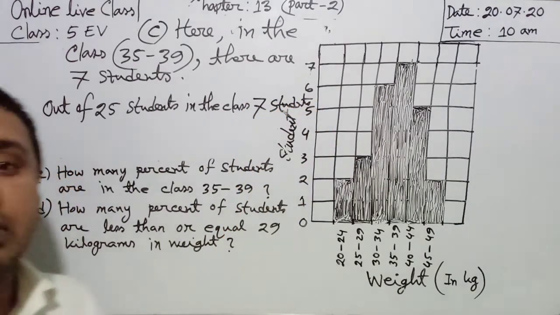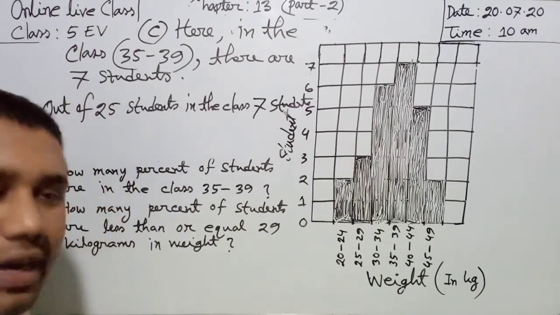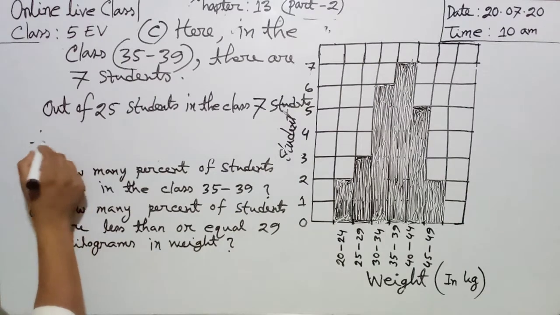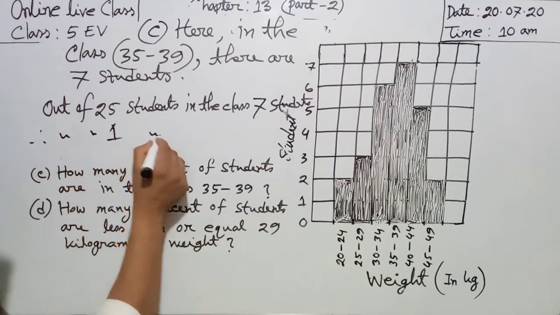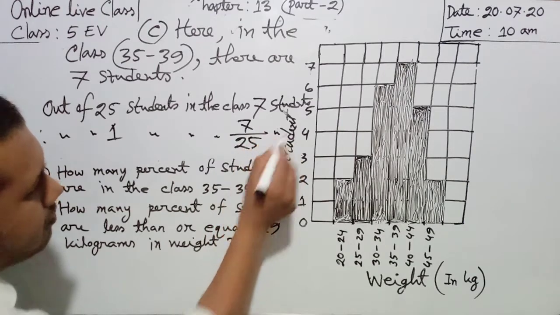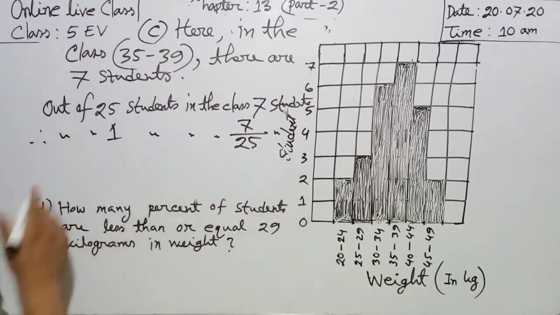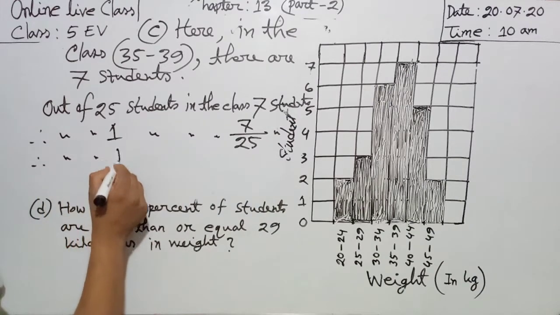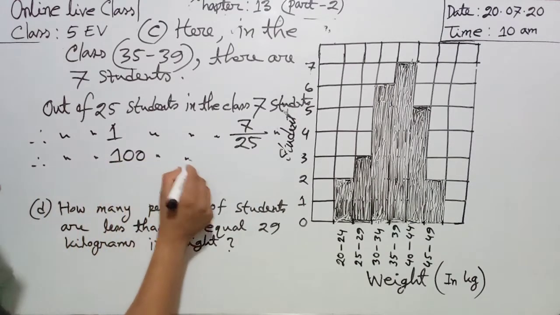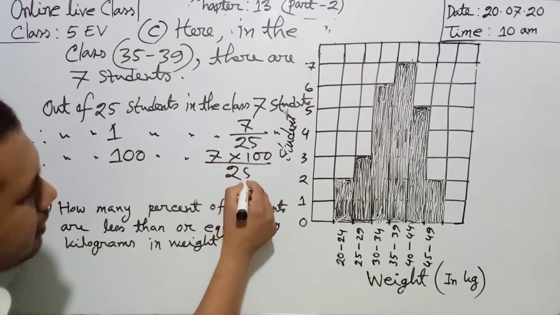Now percentage means out of 100. So, unitary method, at first we have to find the value of 1. So out of 1 student in the class, 7 by 25 students, and out of 100 students, 7 multiplied by 100 divided by 25.